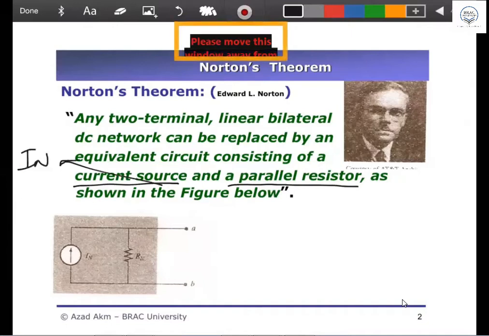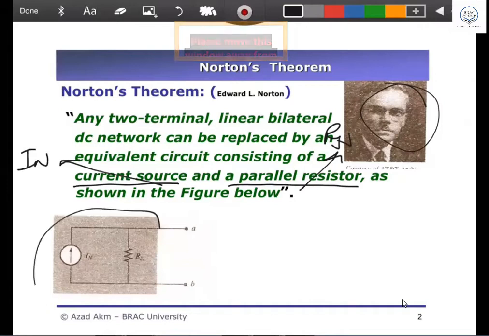This parallel resistor is known as R Norton. And this guy is Mr. Norton, brother of Mr. Thevenin, and he found the Norton equivalent circuit very easily, because the Thevenin equivalent voltage source can give you this information. I think you all understand this so far. Everybody clear about it?